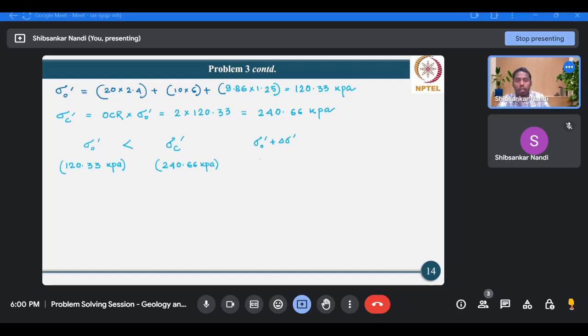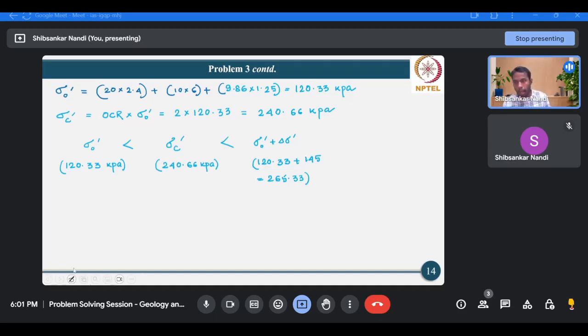So it's 120.33 plus 145, that is 265.33. So sigma c prime is less than sigma 0 prime plus delta sigma prime.